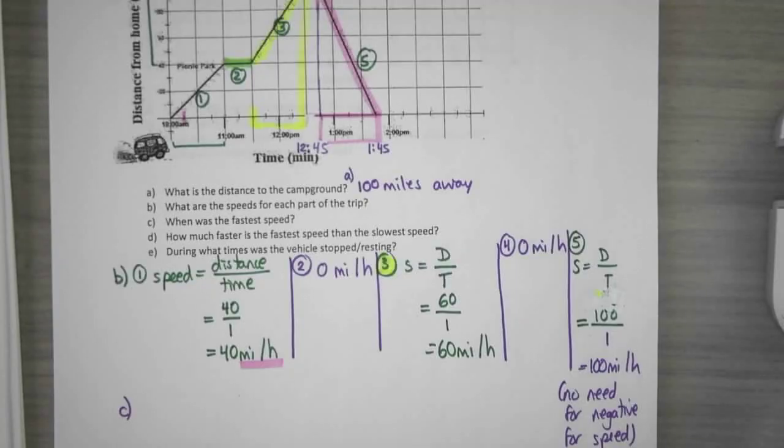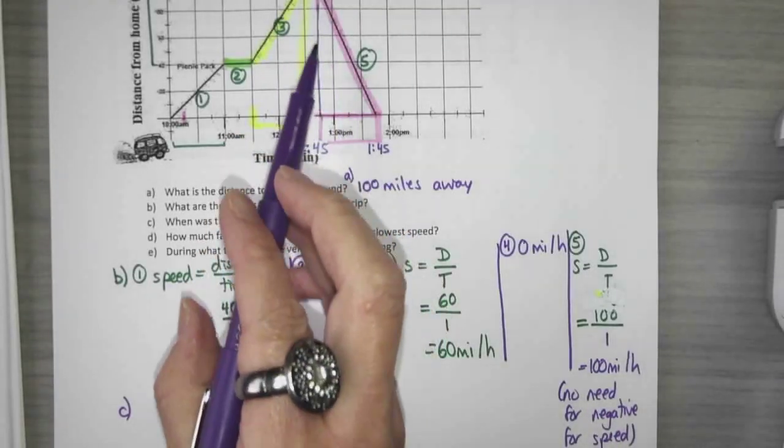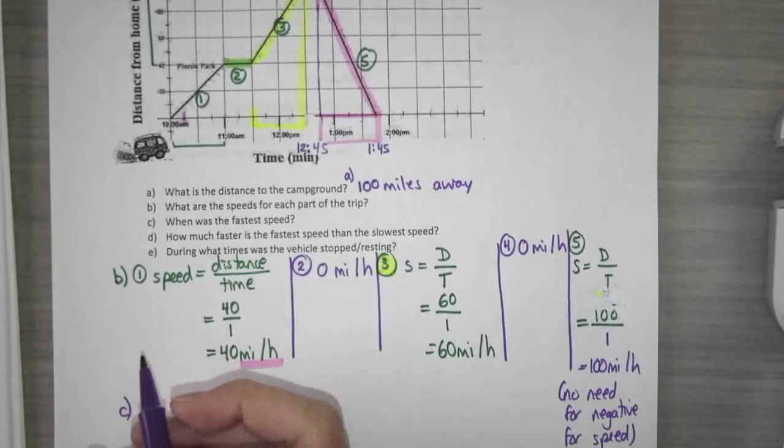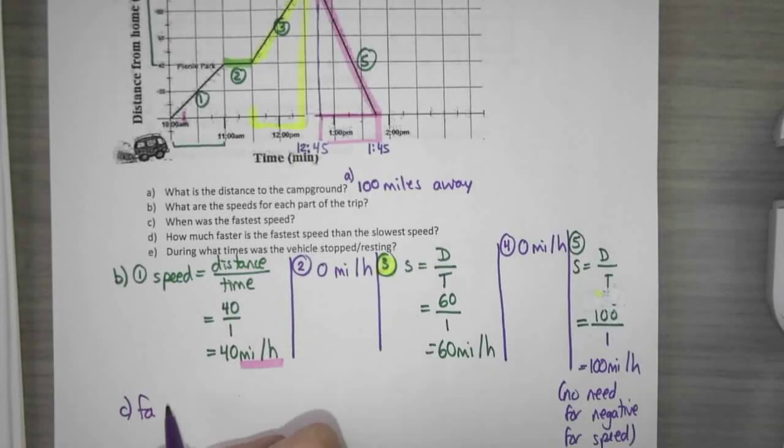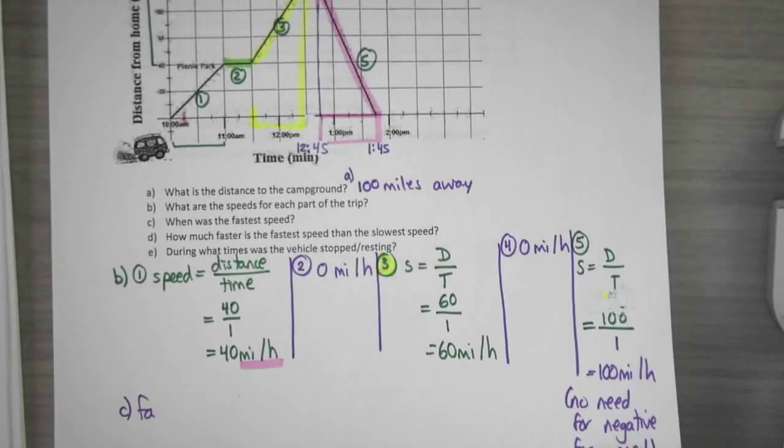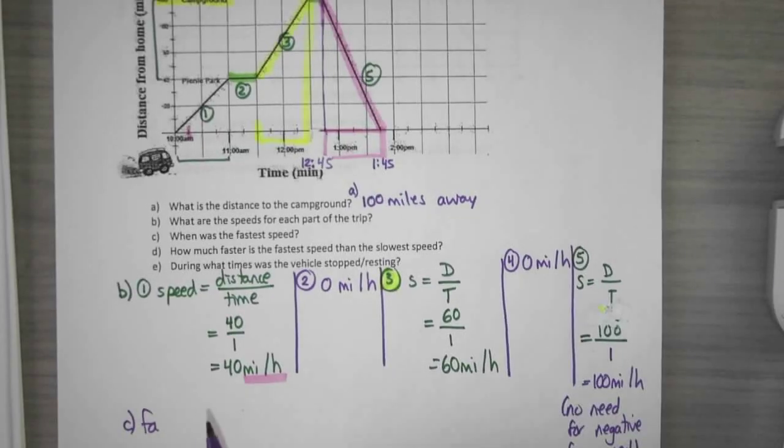Okay, C. When is the fastest speed? So where's the steepest part of the line? 40, 60, 100. So this one's definitely steeper. So that should look steeper, the pink. Yes, so it's going to be fastest speed.